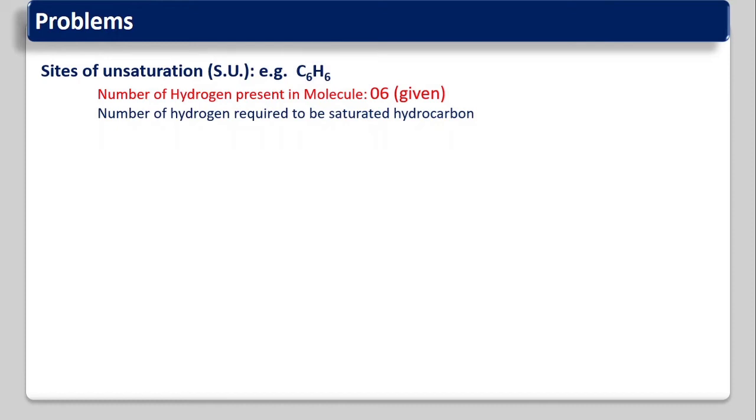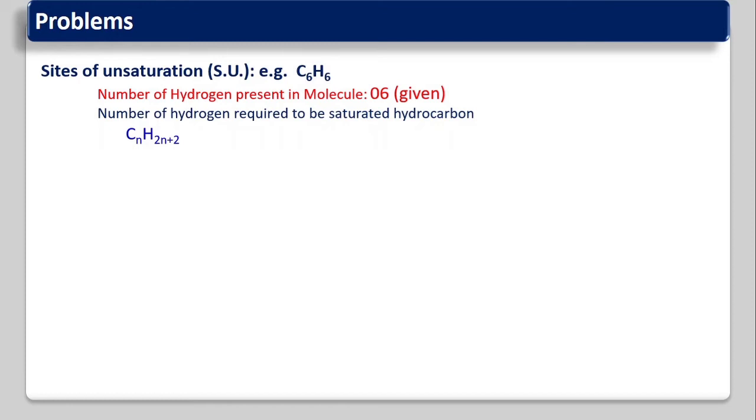As we know, what is the molecular formula for saturated hydrocarbons? CnH2n+2. This is the general molecular formula for the saturated hydrocarbon. We know the carbon number in the molecule, so we have to find out how many hydrogens are required.